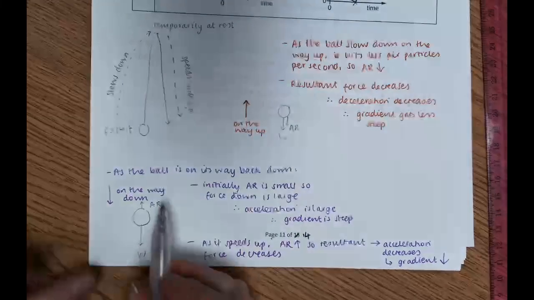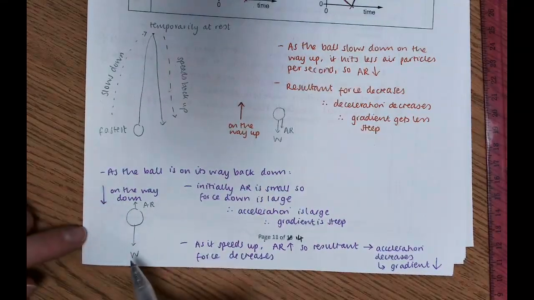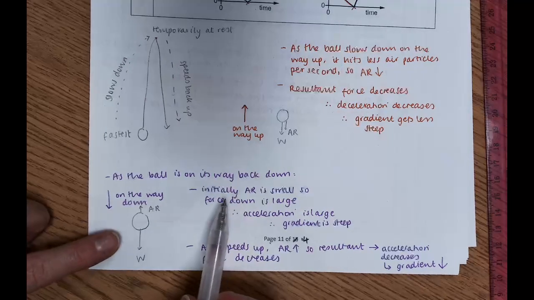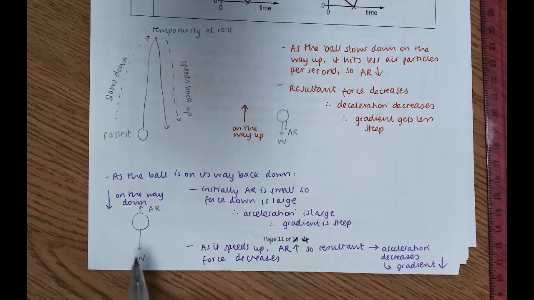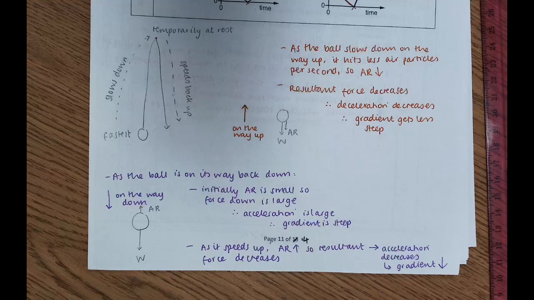On the way back down, the weight acts down, the air resistance now acts up. Initially, it's travelling really slowly, so the air resistance is small. So the force down is largest, the acceleration is largest. So the gradient of the graph, which is acceleration, has to be steep. But as it speeds up, the air resistance increases.